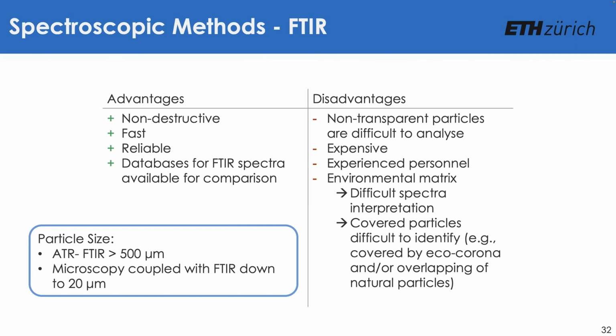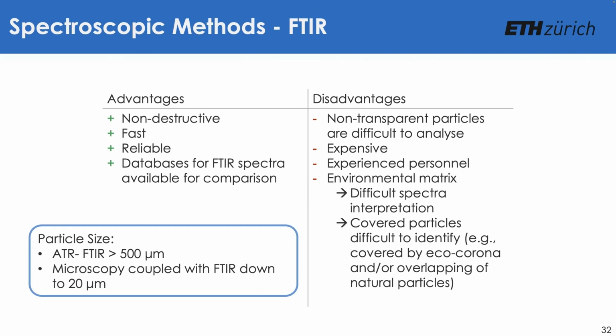It's relatively fast, and it can be relatively reliable because you get this chemical information, especially now that more data sets for FTIR spectra are becoming available for comparison. However, there are still some disadvantages where some types of particles are more difficult to analyze than others.